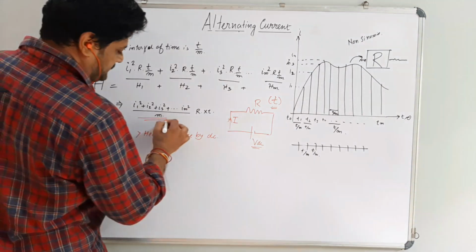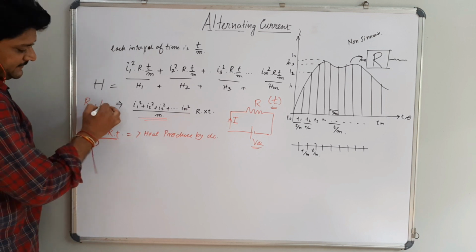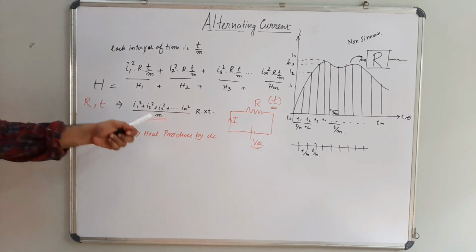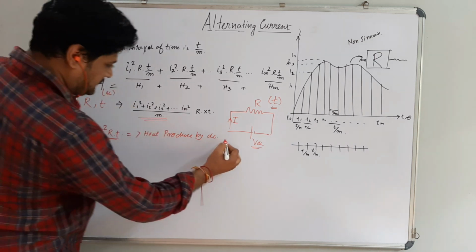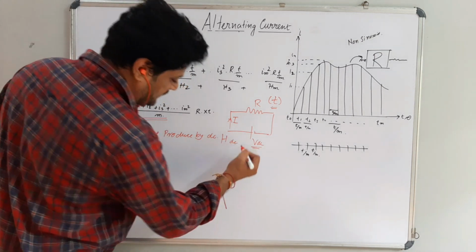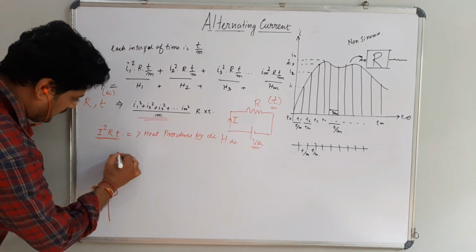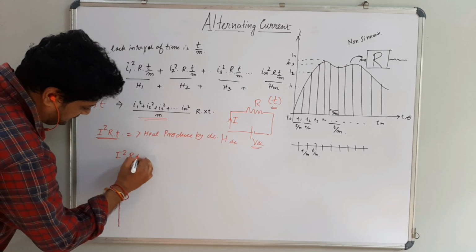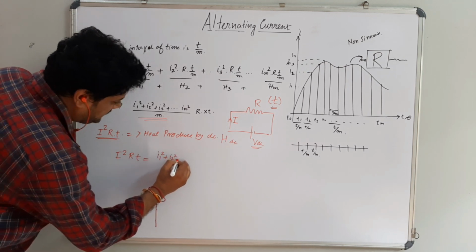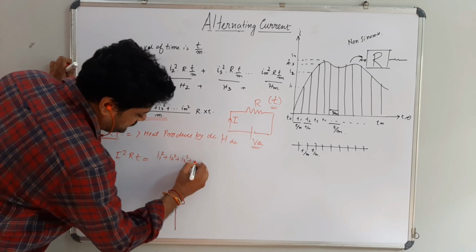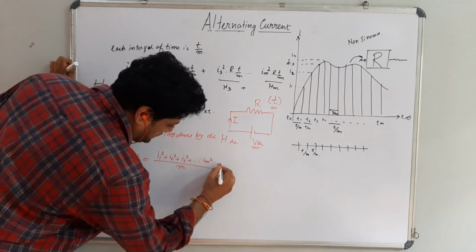This is the heat produced by AC across R in time t, HAC, and this is HDC. Now we have to produce the same amount of heat. So I square RT is equal to (I1 square plus I2 square plus I3 square plus dot dot dot IM square) by M into RT.